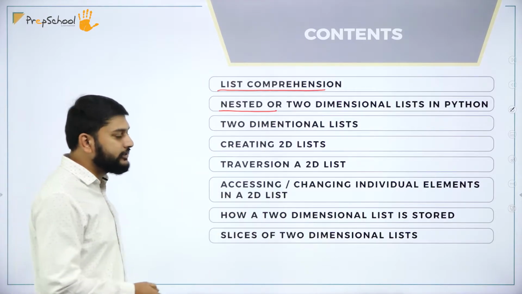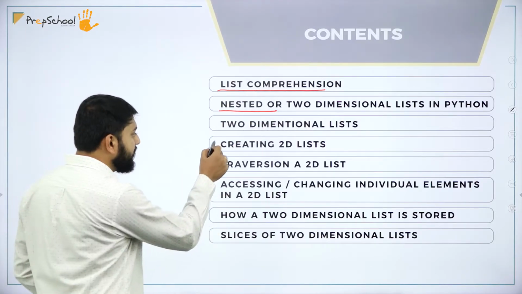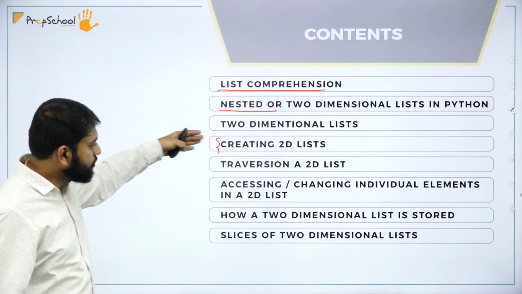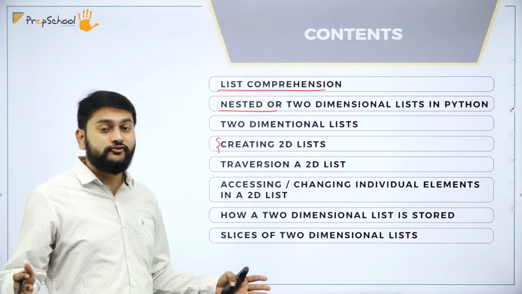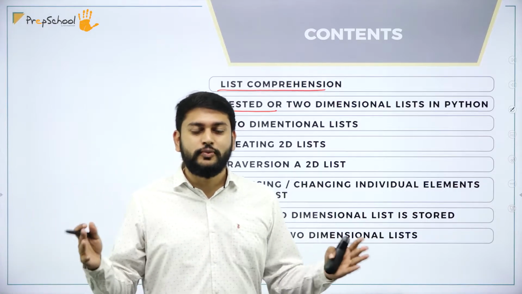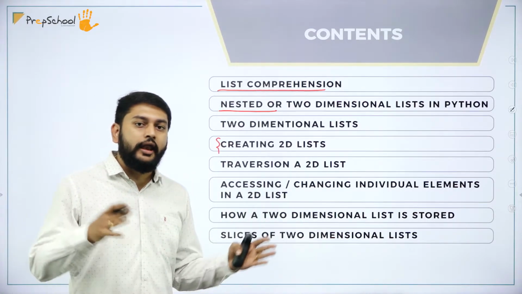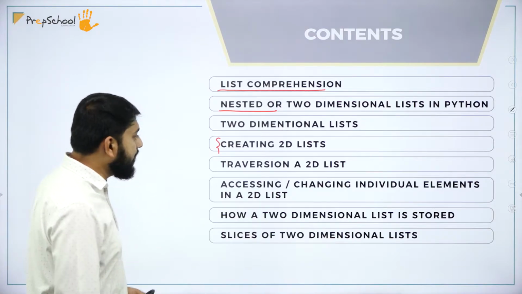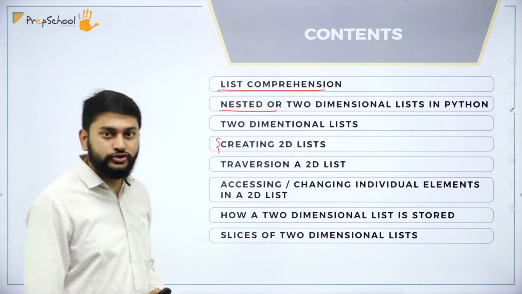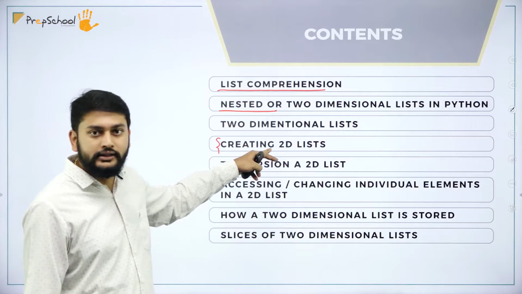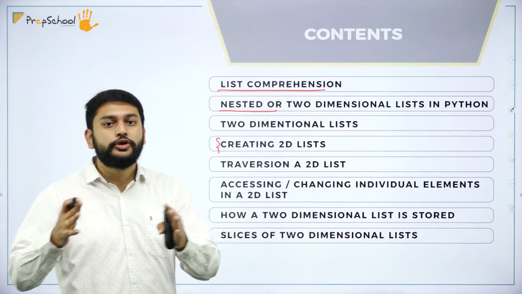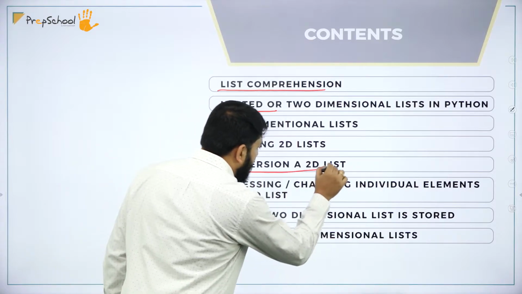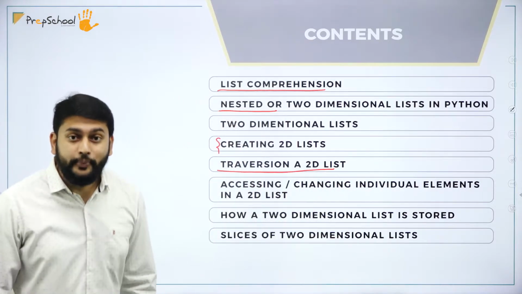I'll also discuss how we create a 2D list, how exactly it looks, and how we create it with a small program. After that, how do we read the values? You have created it, then how do we read the values and print them is what I will be discussing with the program.